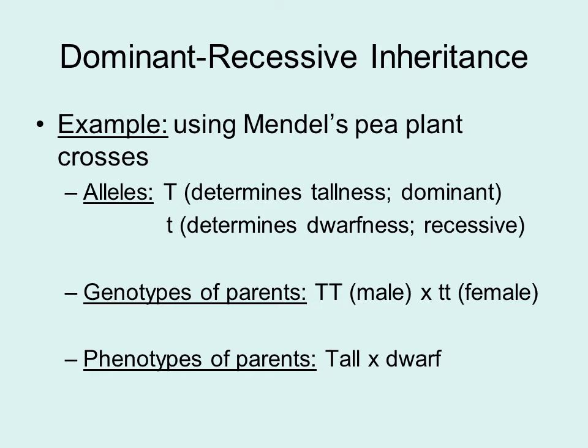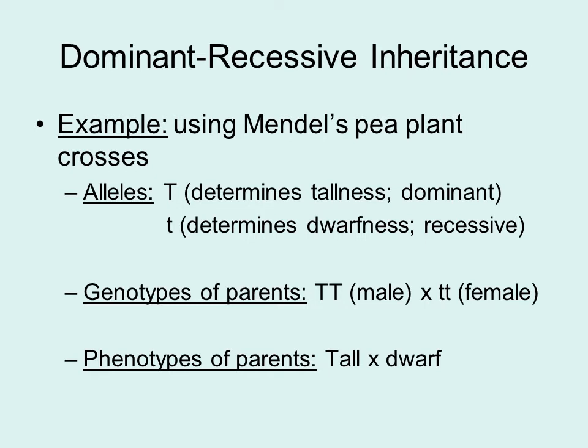So in this example, we're going to use a cross. We're going to set up a Punnett square. And one of the parents is tall, and it is dominant, what you would call homozygous dominant. We tend to use letters. Just by tradition, for the letter you pick, you usually use the letter describing the dominant trait.